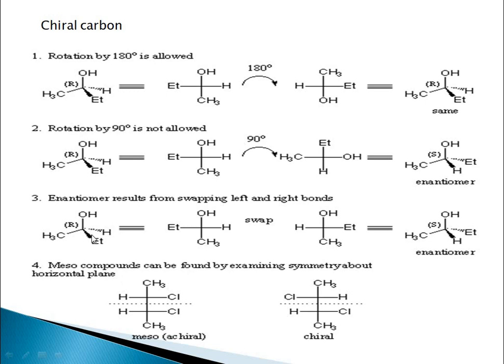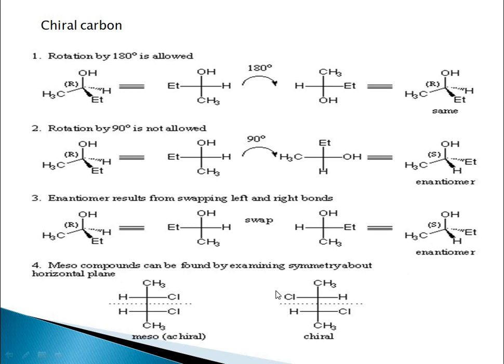For example, if Et and H, ethyl is placed here, H is placed here, in that case, we will be getting 1, 2, 3, right hand side direction, clockwise, but since the group of lowest priority is along the wedge, so we reverse whatever we see. So it will be the S enantiomer.